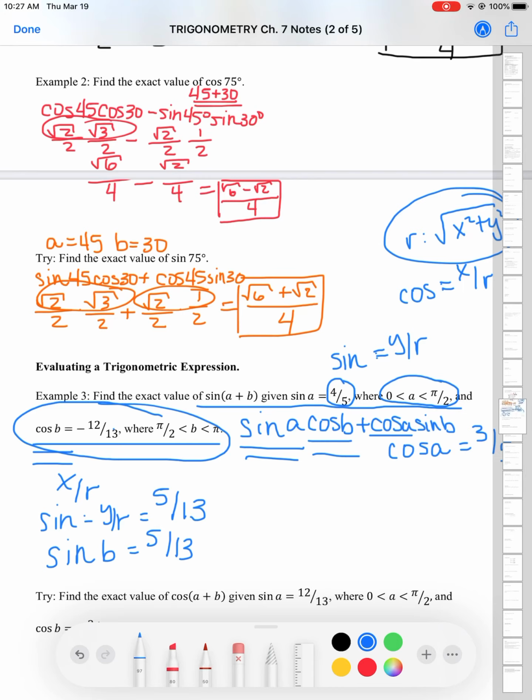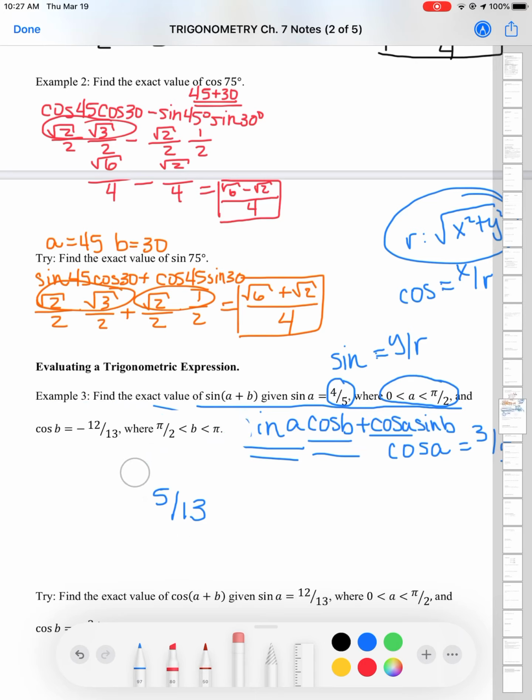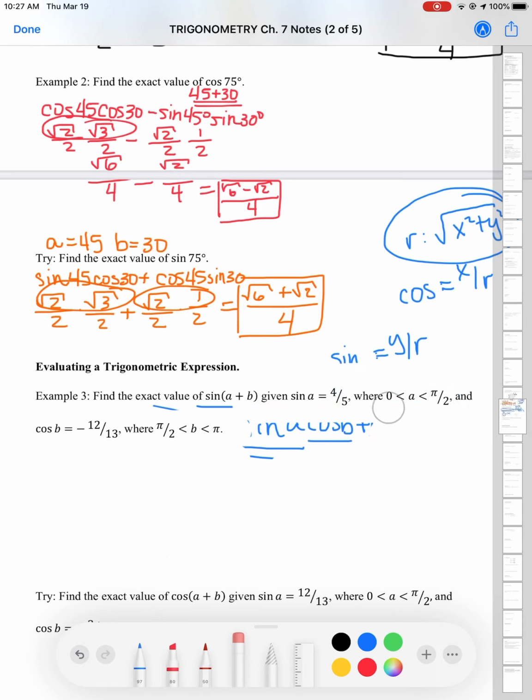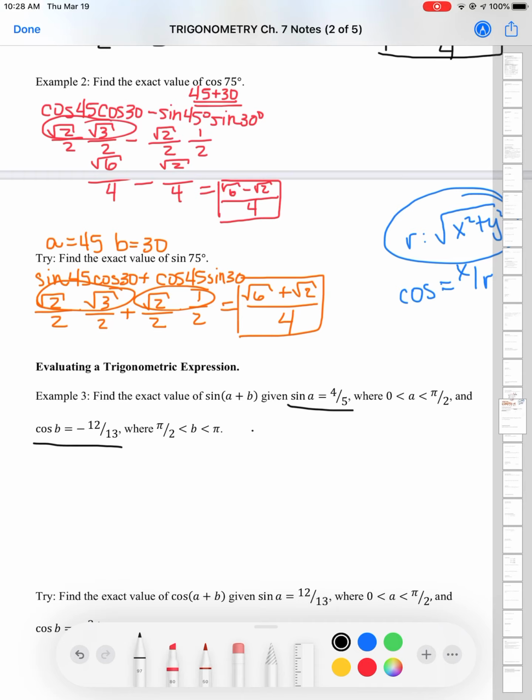So now that we have all of our pieces of information, let me just erase everything. We've got cosine B, we've got sine A. Cosine A is 3 over 5. And sine B is 5 over 13.